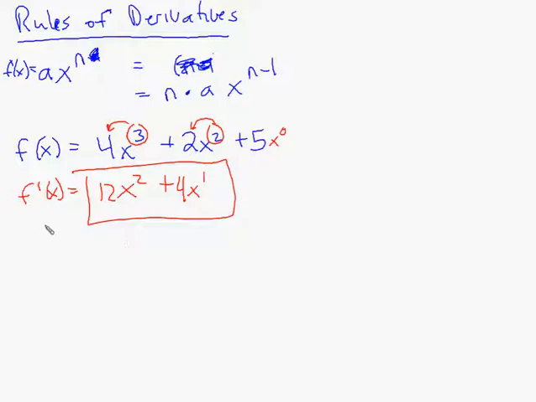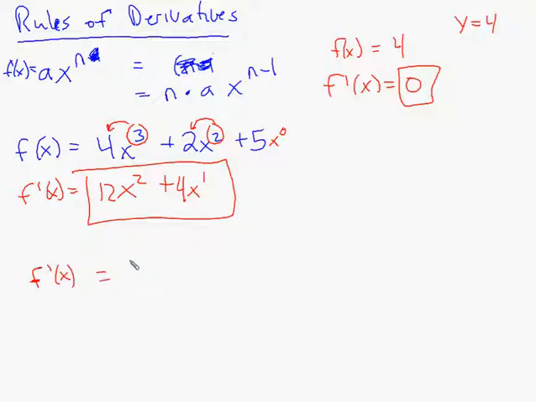Let's find f prime of x of, say, 7x squared plus 3x minus 10. Let's do that derivative. What do you get? 14x, then what?